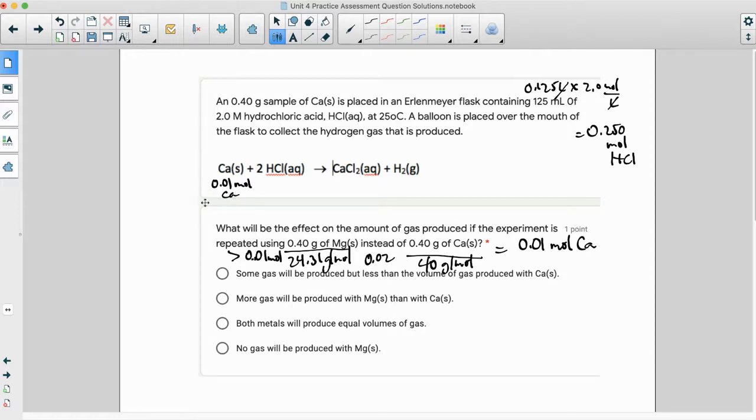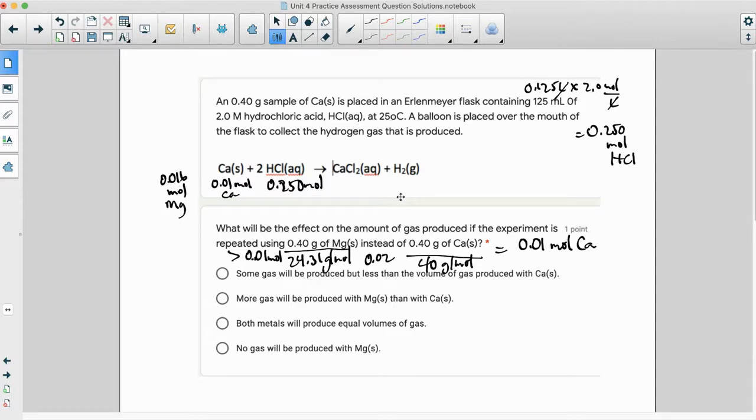If we replace this with magnesium instead, we would have 0.016 moles of magnesium. If we compare it to our 0.250 moles of HCl, that's still going to be the limiting reagent, okay? Even if we replace it with magnesium, which is more moles.